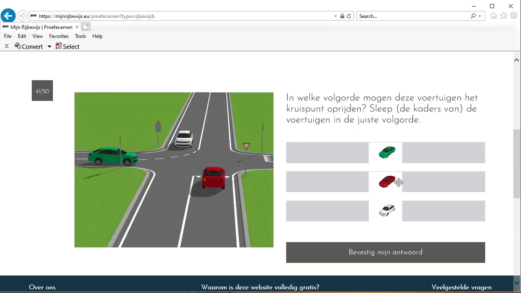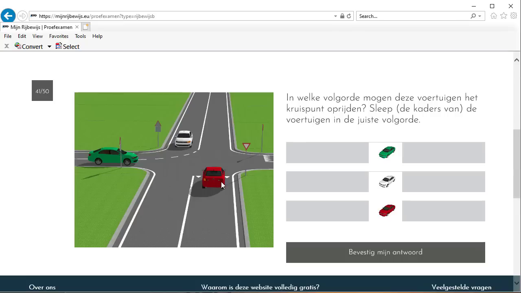It has to be green first, then white, and then red. Why? Because red will be the last because it has shark teeth and it has to give priority. So red is last. Now between green and white, it has to be green first. Why? Because white is turning left.